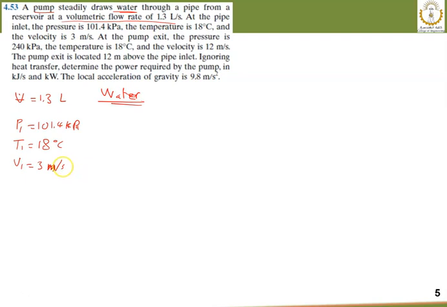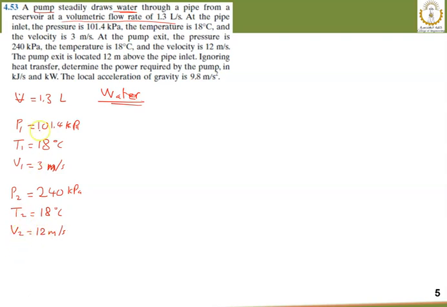The pump exit pressure is P2 equals 240 kilopascal. The temperature T2 equals again 18 degrees centigrade, and the velocity V2 equals 12 meters per second.